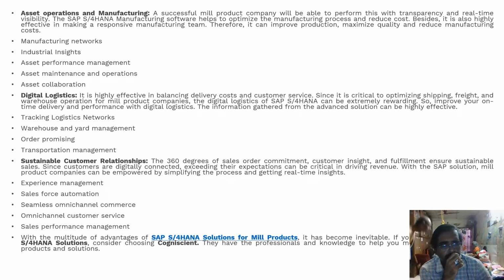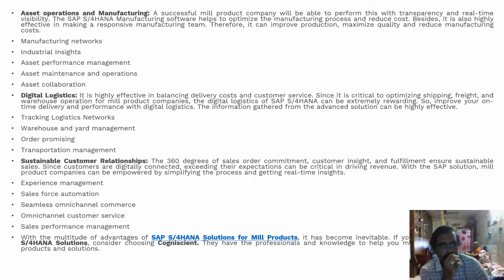So, what is sustainable? Sustainable means a continuable customer relationship, right? So by properly managing the 360-degree sales commitments, customer requirements and insights, and fulfillment, it brings a sustainable relationship with the customer and efficient sales. Customers are nowadays digitally connected, so their expectation from the parent company is also more. So it should be treated as a critical driver of revenues with SAP solutions.